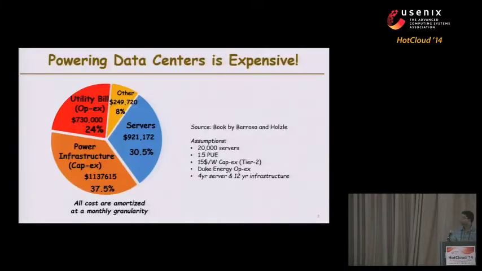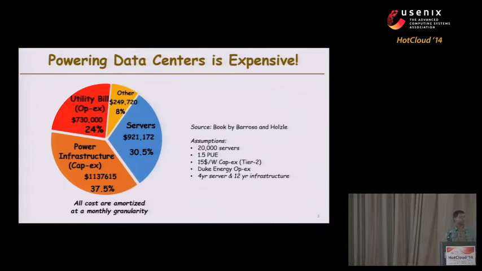So it's quite well known that powering data centers is quite expensive. This is a figure that is presenting and comparing key components of the cost in building and then running a data center. And this is based on trends and ideas presented in a very well regarded book on the topic of data centers by Barroso and Holzle from Google.